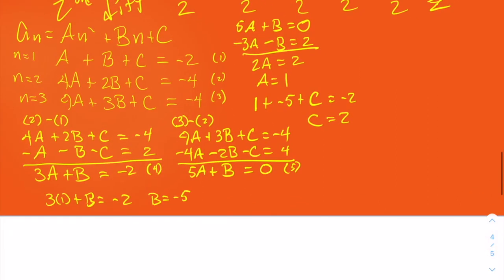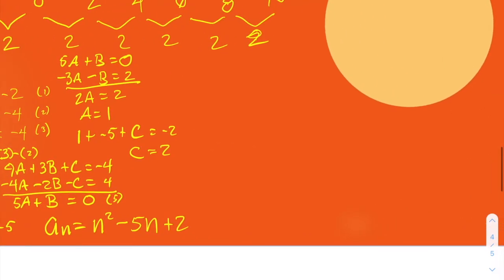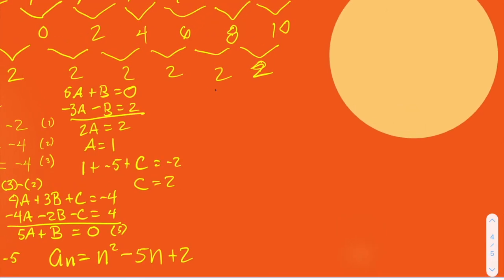So you see, I have now that a sub n is equal to n squared plus, minus actually, negative 5n plus 2. Now, as we work this to create our sigma notation, this is what we end up with. That S sub n is equal to sigma with an index of i to n of i squared minus 5i plus 2.